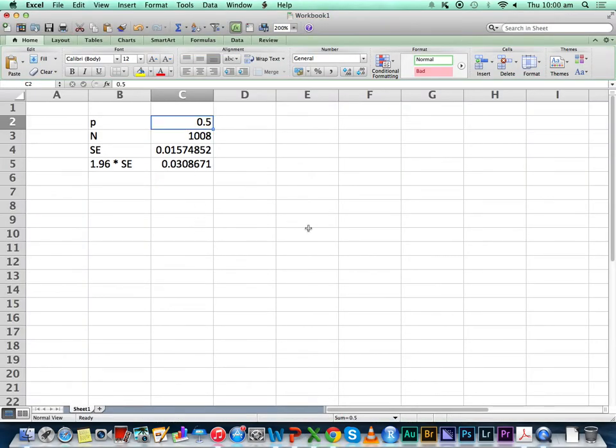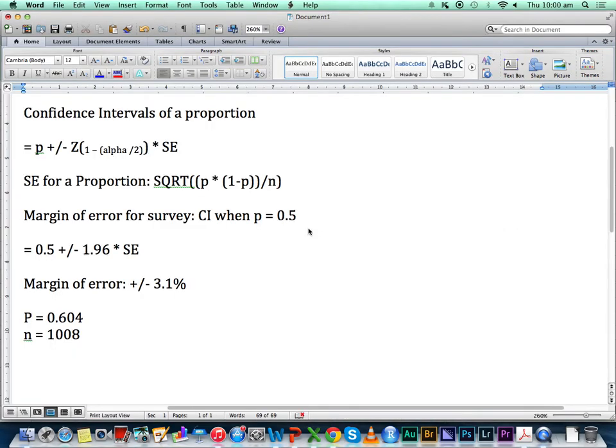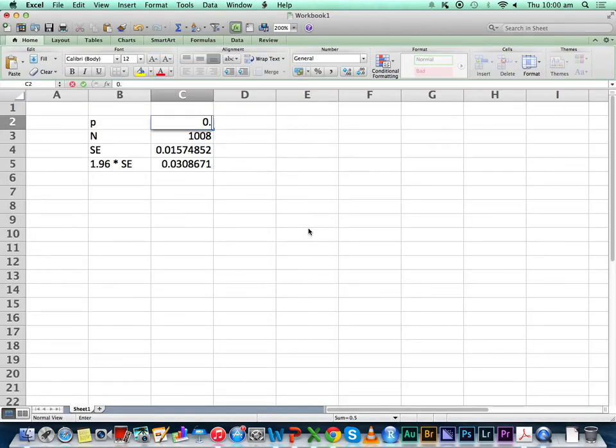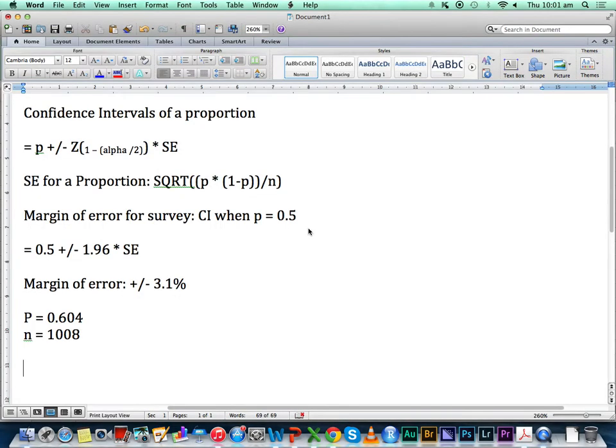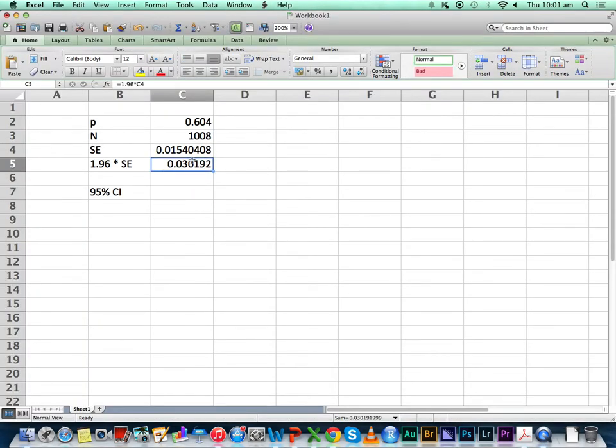Because we have the Excel set up, we can just change this one a little bit so that you get the answer. You just change this to 0.604 and all the numbers will change accordingly. And the 95% CI is equal to plus or minus this little guy here, right?